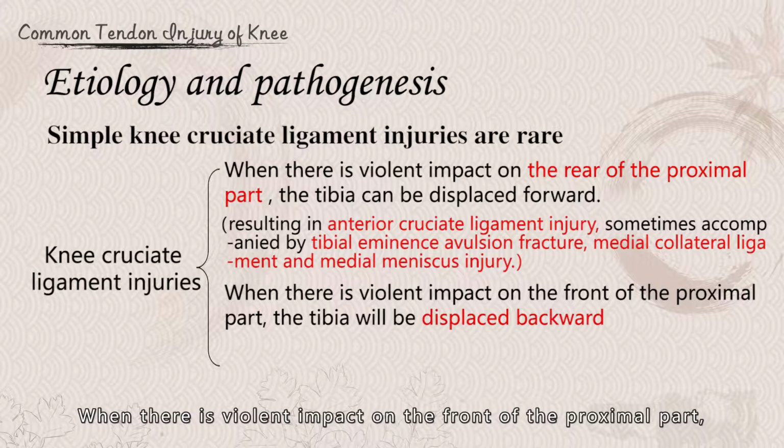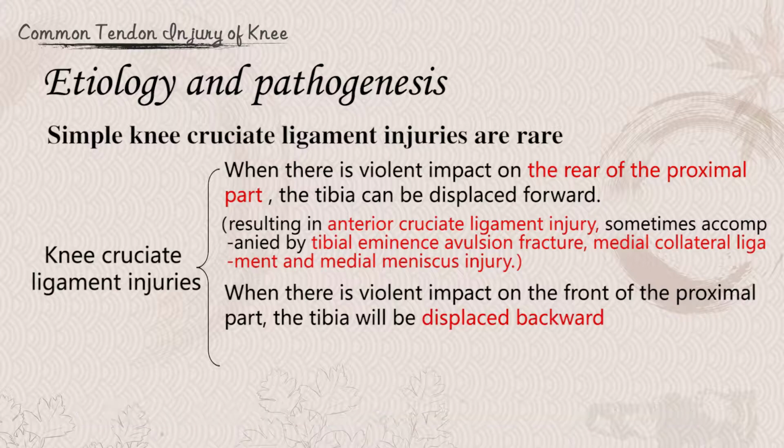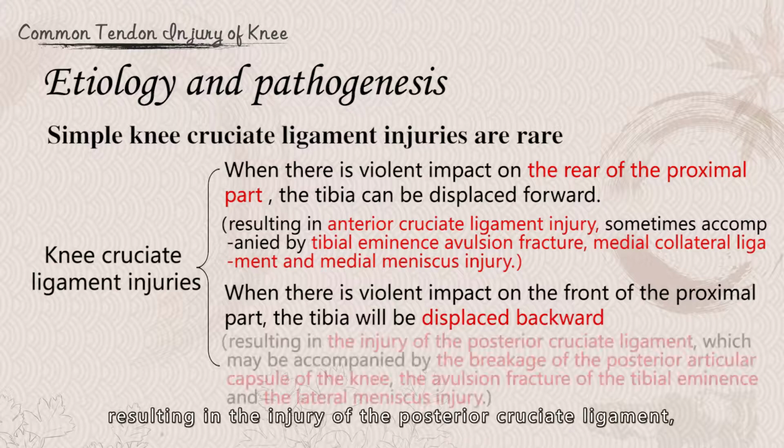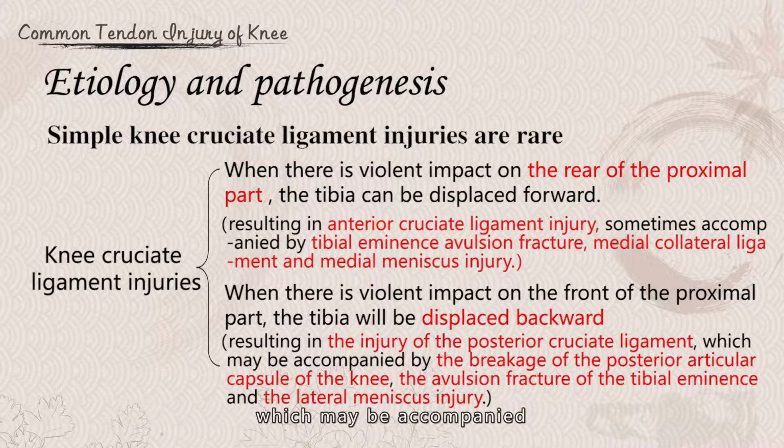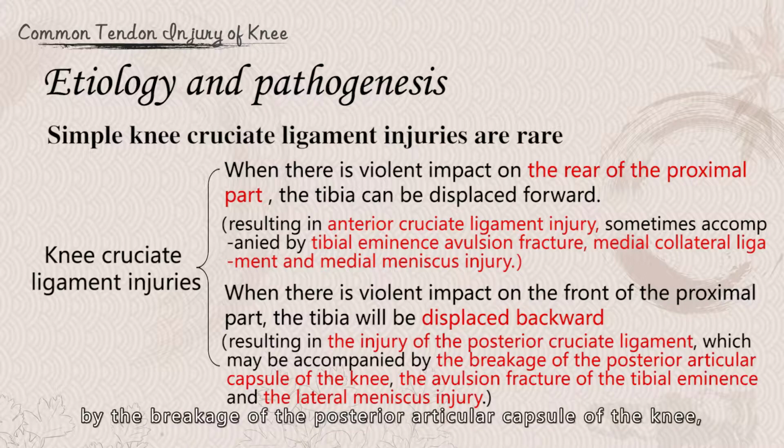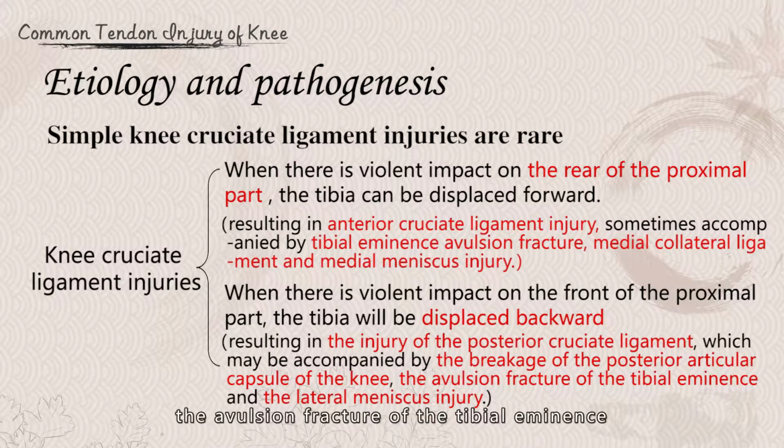When there is a violent impact on the front of the proximal tibia, the tibia will be displaced backward, resulting in injury of the posterior cruciate ligament, which may be accompanied by breakage of the posterior articular capsule of the knee, avulsion fracture of the tibial eminence, and lateral meniscus injury.